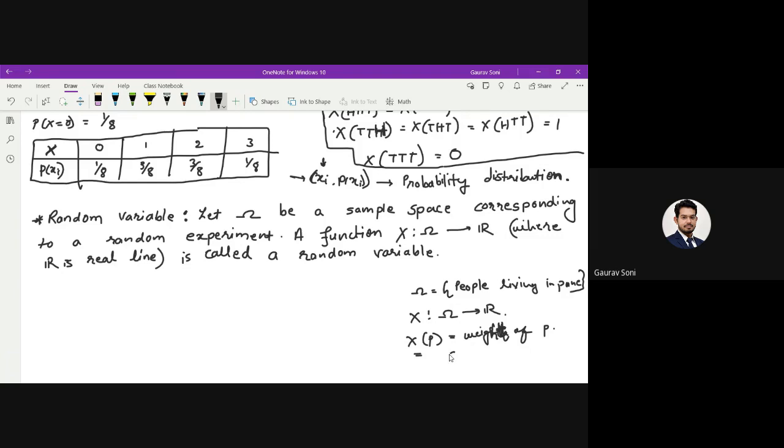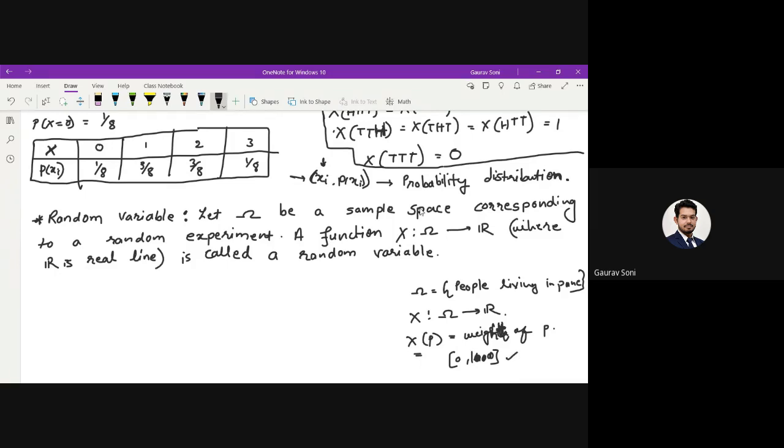It will take values in an interval, say 0 to 400. Can I say that x will always lie between 0 and 400, or will there be someone of 500 kg? Maybe. If you want, we'll take it as 1000 kg. Surely there won't be anyone beyond this. So this random variable takes values in this interval.